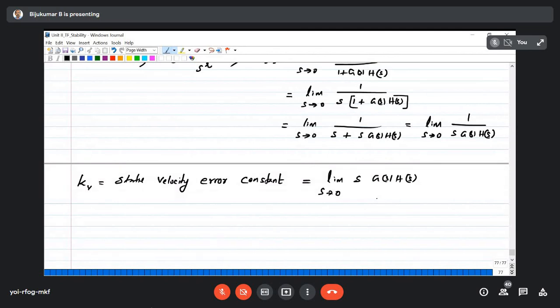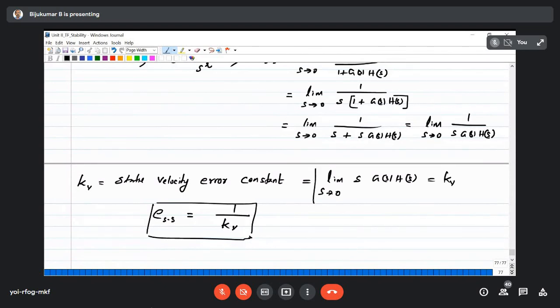Previously, for Kp, it is limit s tends to 0, g of s multiplied by h of s, right? And you can write the steady state error as 1 divided by Kv, which is inversely proportional to the velocity constant. So for a ramp input, the steady state error is 1 divided by Kv.